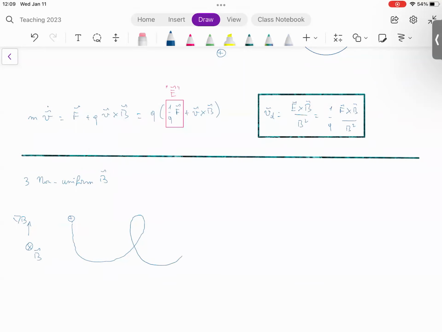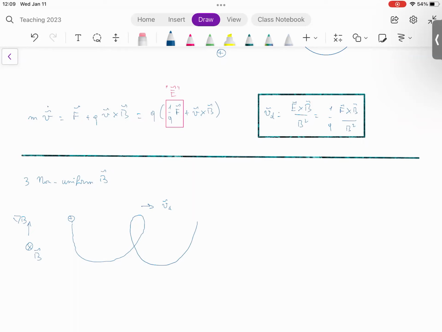So the radius becomes bigger, and what I end up with is, again, a drift velocity that points, in this case, in the right direction.